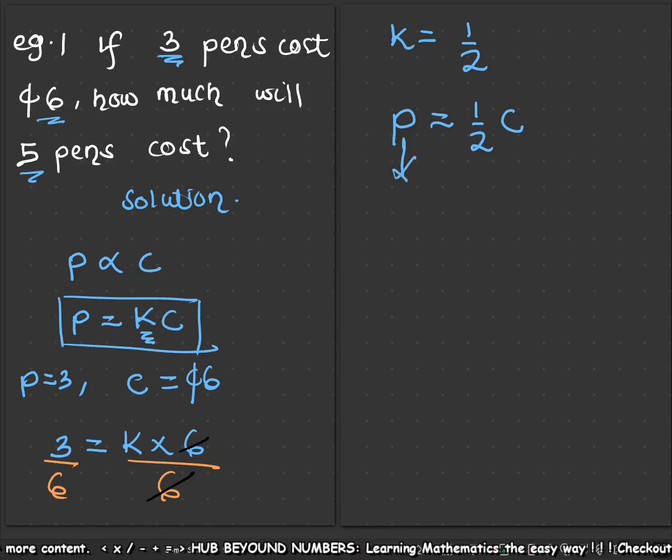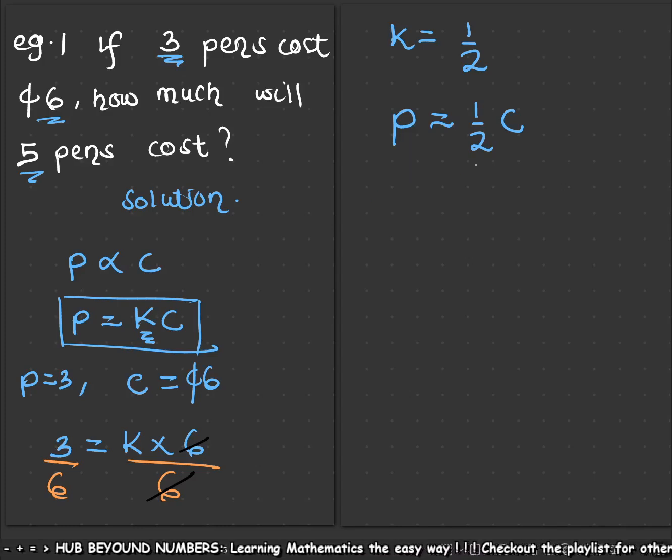Remember, we said P was the number of pens and C was the cost of the pen, so you can interchange them. If it is the number of pens you have, fine. If it is the cost you have, you can interchange to look for the other variable.